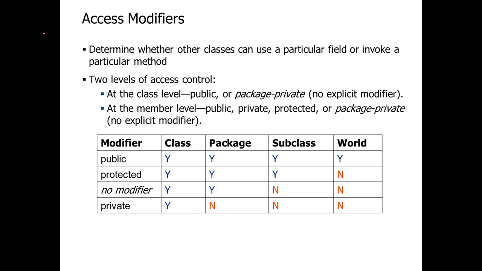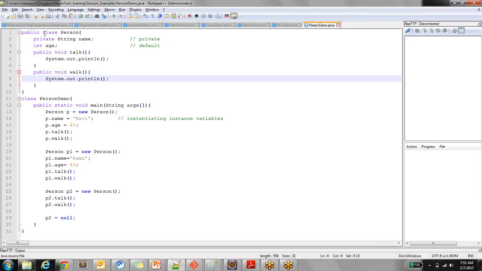Now what happens when you make your data private? When you make your data or your instance variables private, it will not be visible outside the class. So you cannot use it here. You cannot set name. You cannot call this. This will fail now. If I do this, this will fail.